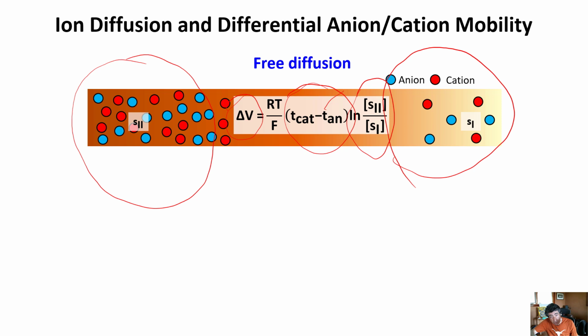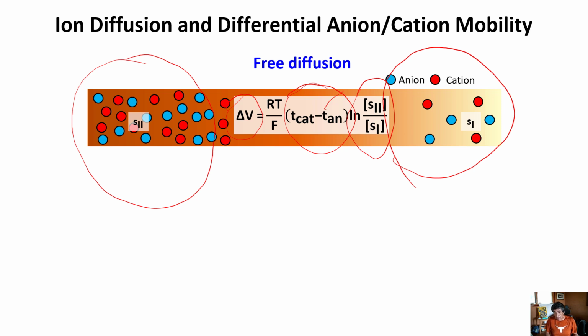And that idea was the basis of the studies conducted by Henri G, that he realized that this could be the origin. Now, we know that when you have free diffusion, there's a difference between the transport numbers of the cations and anions.